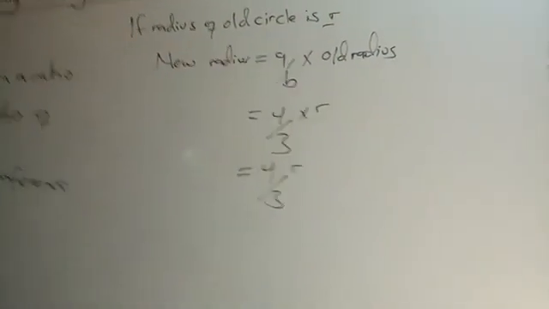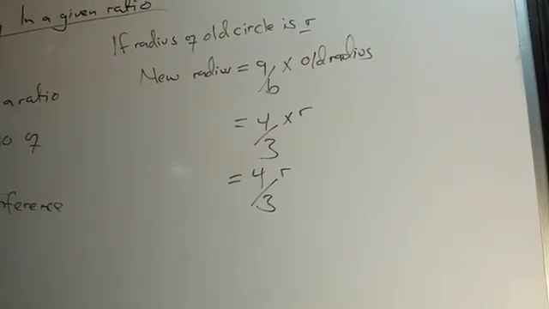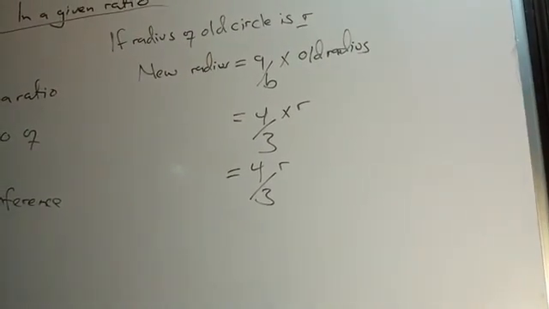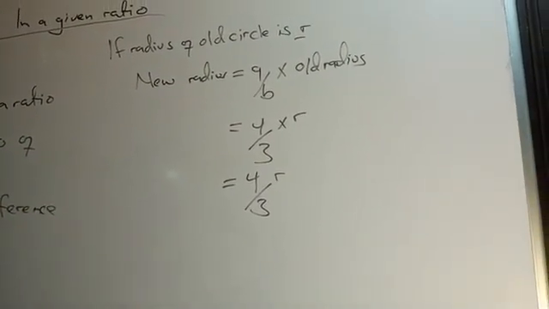So part A is asking for the ratio of old circumference to new circumference.